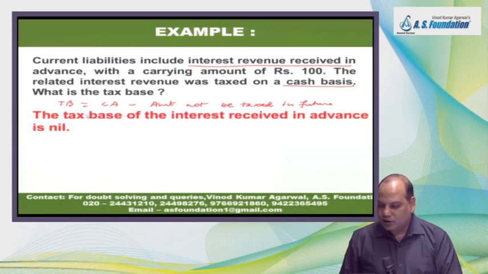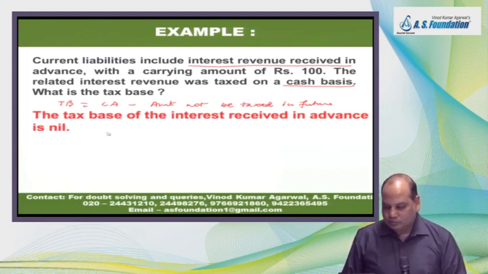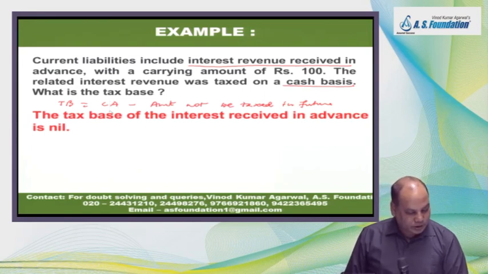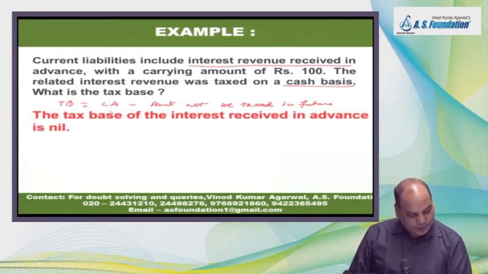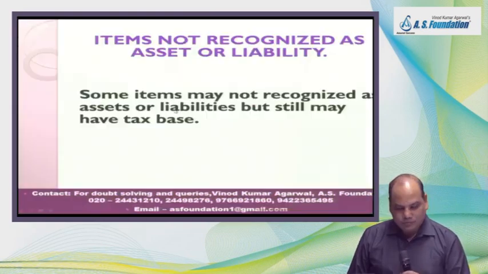Tax base of the interest received in advance is nil. I have also written a general statement somewhere below: in case of future revenue which is received in advance and taxed on cash basis, its tax base is always nil. Or you can apply the formula 100 minus 100, 0.